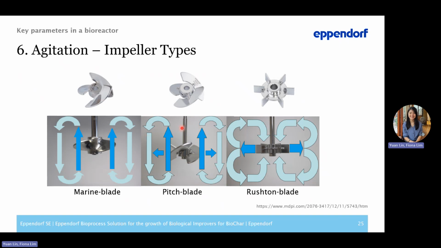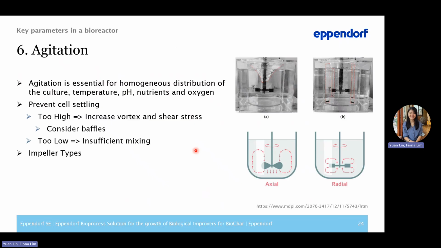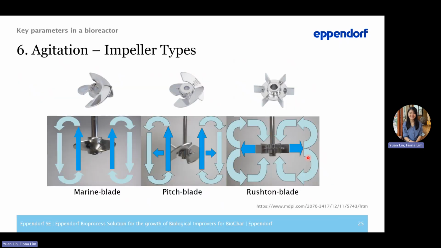And if you take a look at the pitch blade, it is an axial flow kind of agitation with a little bit of radial flow, just like the Rushton impeller. So I would say that the marine blade is for cells that are more shear sensitive, followed by the pitch blade, and followed by the Rushton blade.